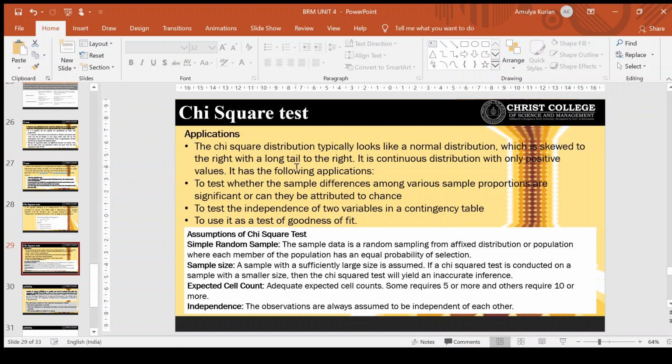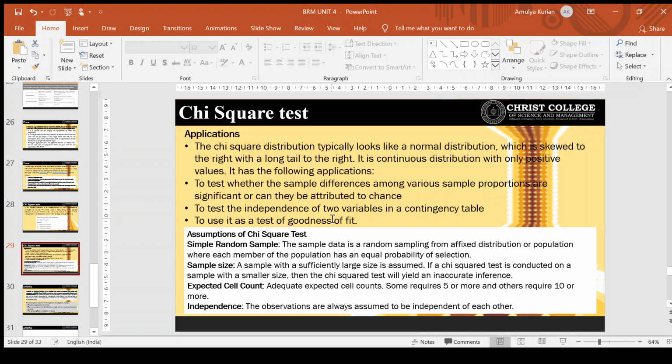Usually it will be the right side which will have a long tail. This is used to test whether the sample difference among various sample proportions is significant, or can it be attributed to chance. It is used to know the independence of two variables in a contingency table.